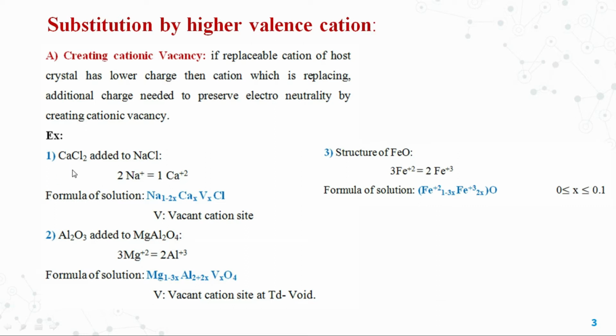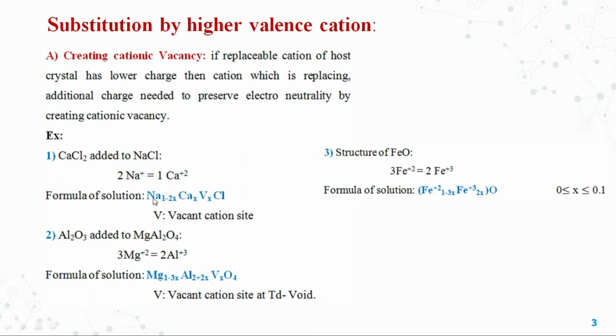We can understand this using the given examples. Let us take the first example. When we add calcium chloride in a sodium chloride crystal, sodium is +1 charged, but the calcium we are adding has a +2 charge. To maintain neutrality, I need to remove 2 Na+ ions and I can add just one calcium ion, and during this process one position of sodium will be vacant.